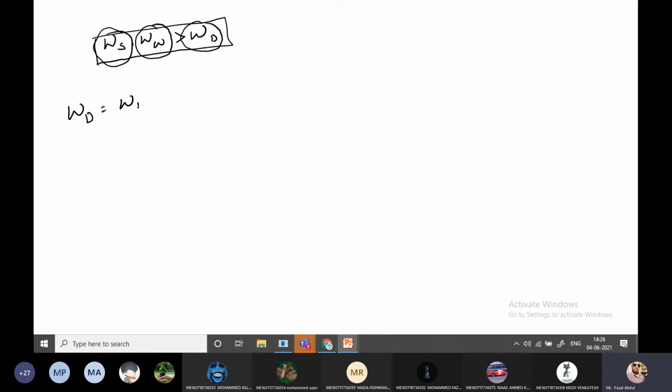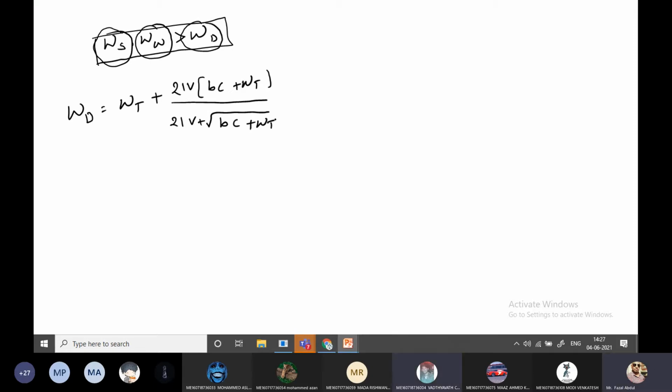Dynamic load acting on the teeth is WD equals 21V times (BC plus WT) divided by 21V plus square root of BC, plus WT, the tangential load.